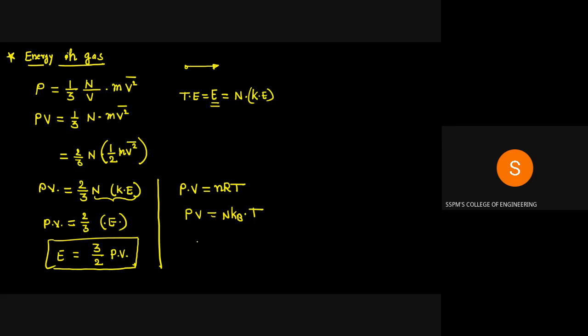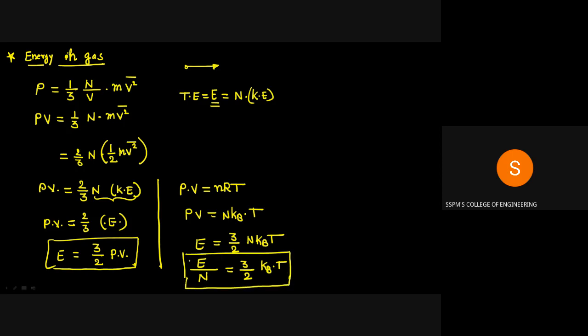So from this we get E is equal to 3 by 2, replacing PV, N Kb into T. And we can write the total energy divided by the number of molecules is equal to 3 by 2 into Boltzmann constant into temperature.